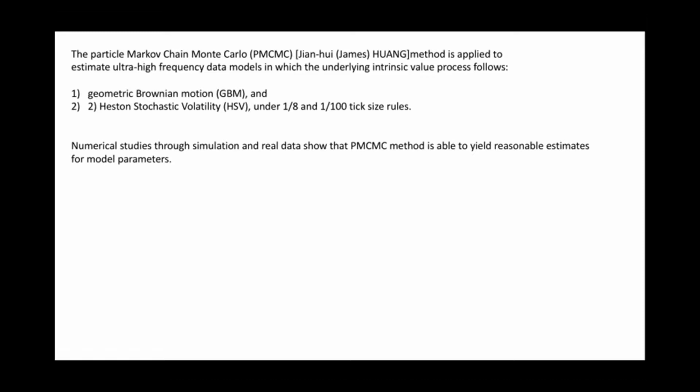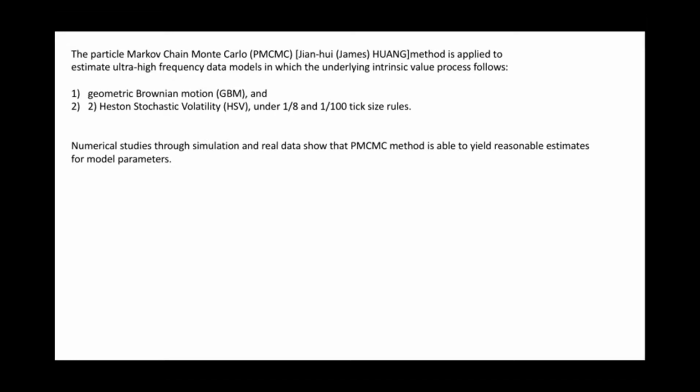The 1/8 and 100 tick size rules means that those are the prices you have to trade at. You can't trade at 1/2 of a penny. And then this last sentence says that it's shown that the PMCMC method is able to yield reasonable estimates for model parameters.